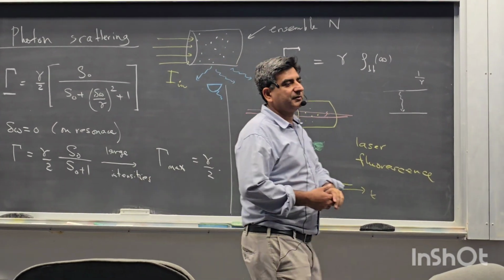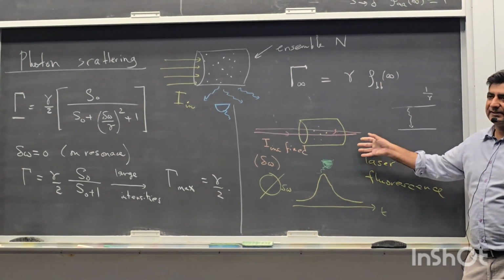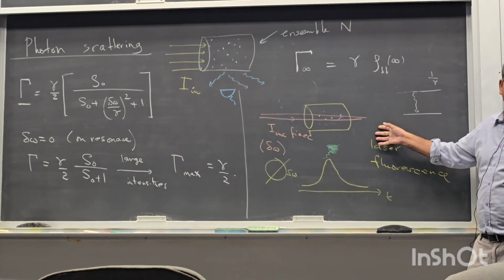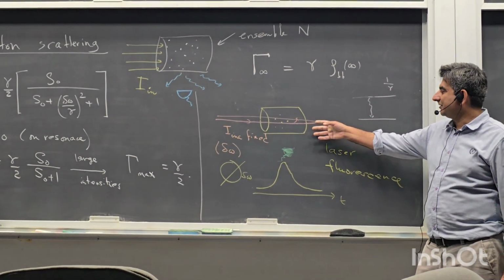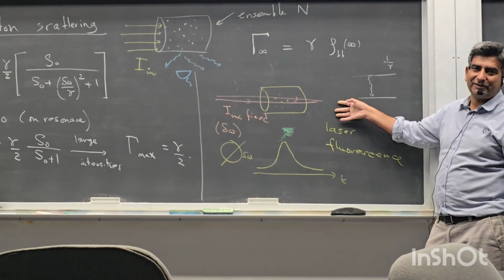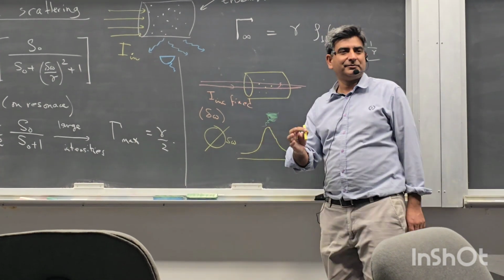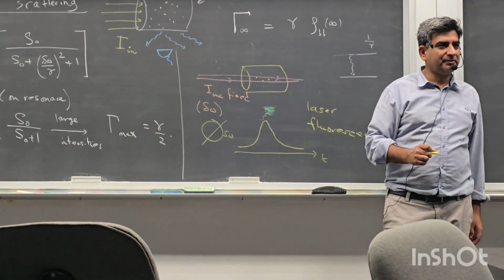Less energy is available to come out because of these scattered photons, so the intensity of the outgoing radiation will be smaller. So these scattered photons also cause absorption inside the system.